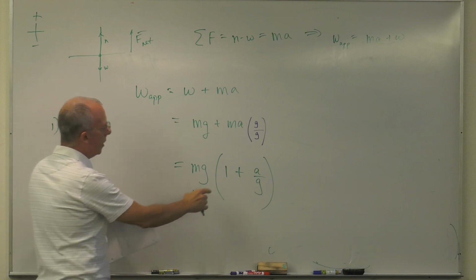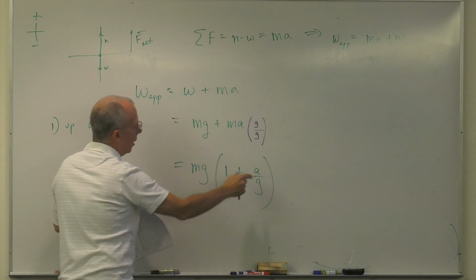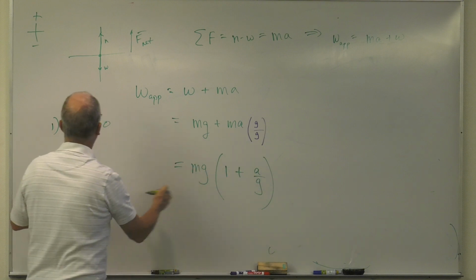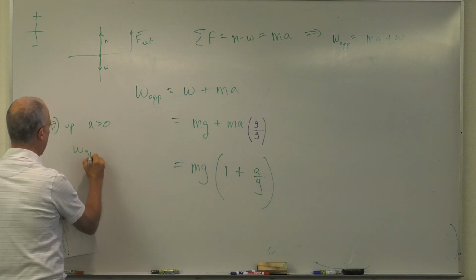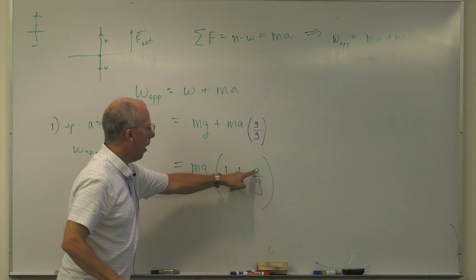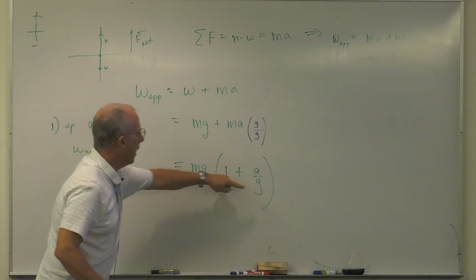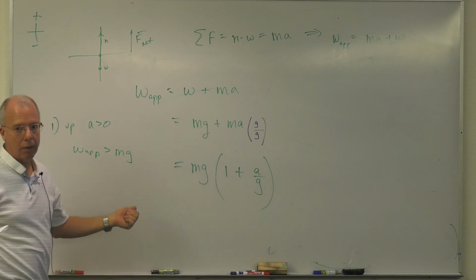Well, if a is positive, then this thing is positive. 1 plus this is bigger than 1, so the apparent weight is bigger than mg, which is what we already know.